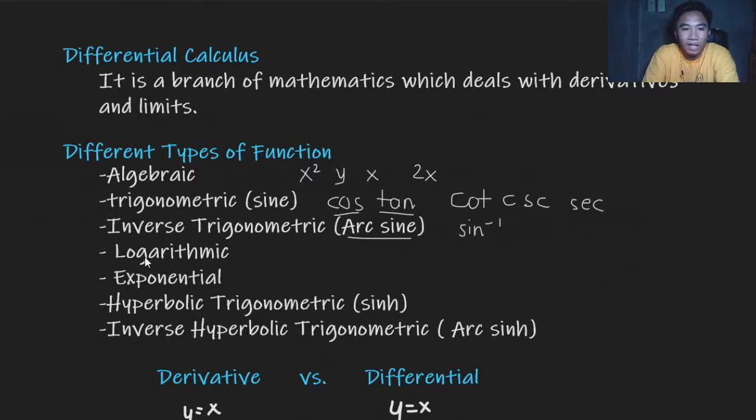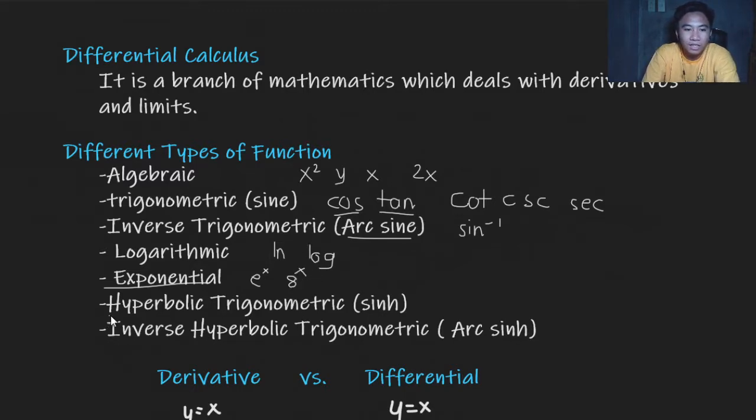And next is the logarithmic. Ito naman yung ln and the log. Next is the exponential. Ito yung e raised to a function x, o kaya constant naman, 8 raised to x.